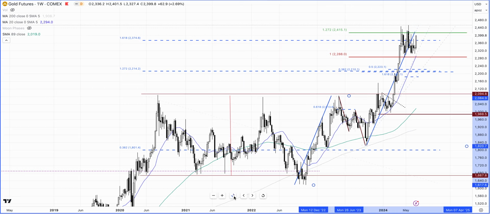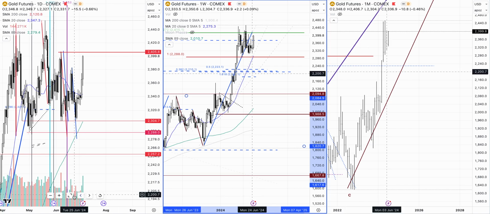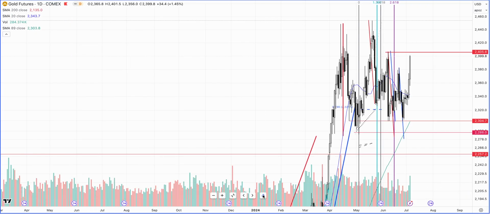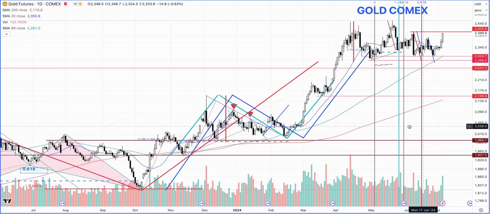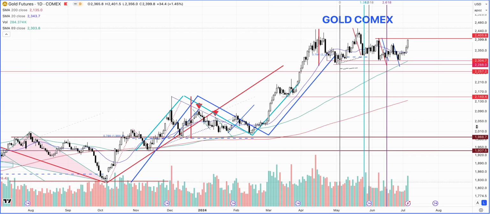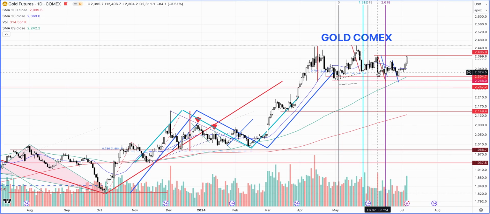So moving down to the daily chart, we can see that gold looks bullish on the daily chart. In fact, very bullish. What it's actually doing is it's found support around here, pretty much testing these lows of 7th of June. So bottom of the range, putting in a bottom, then testing the bottom against a double bottom, and now it's going and testing the highs.